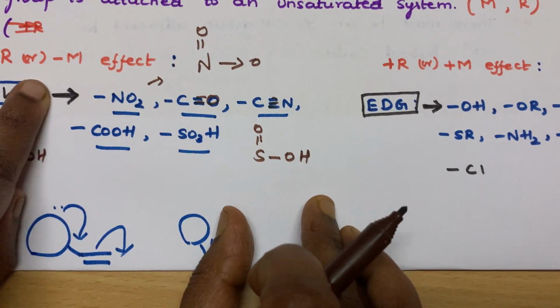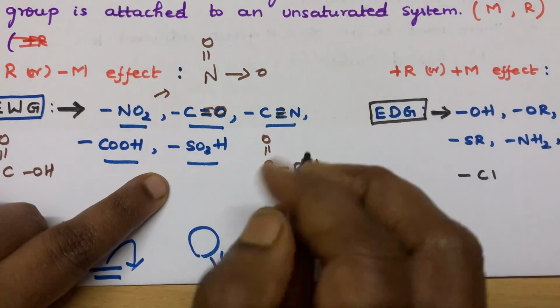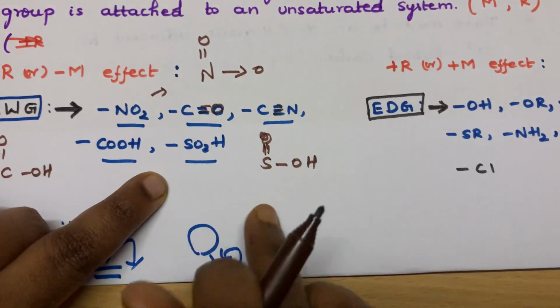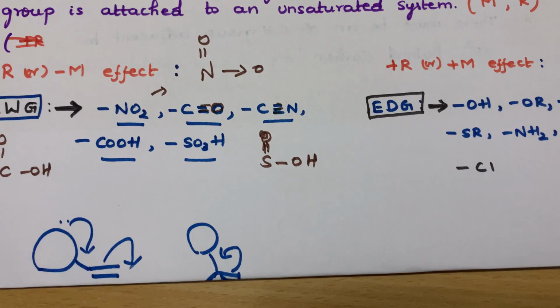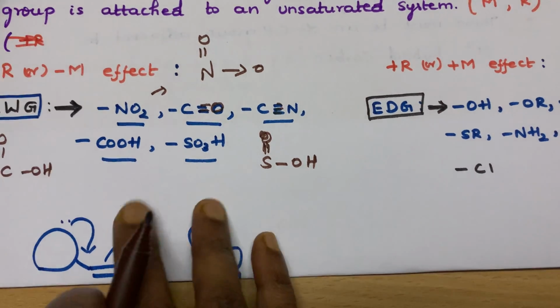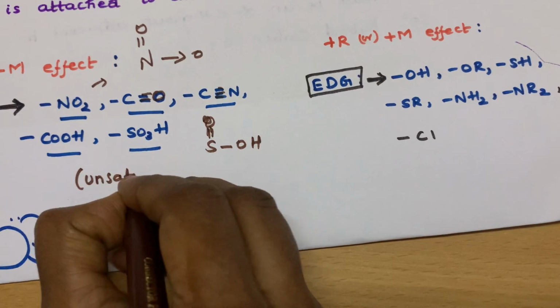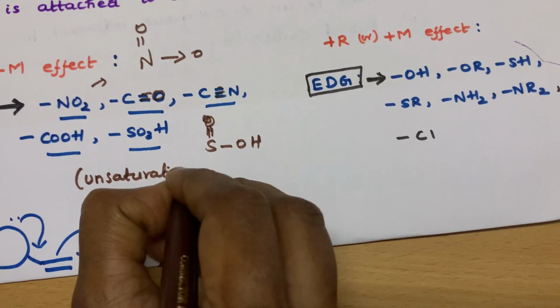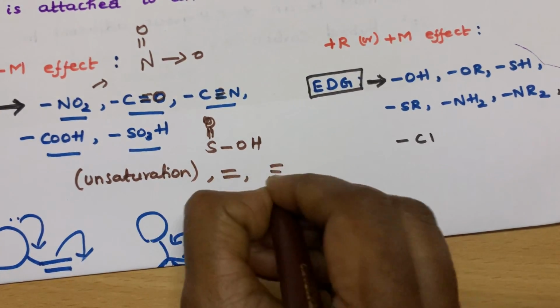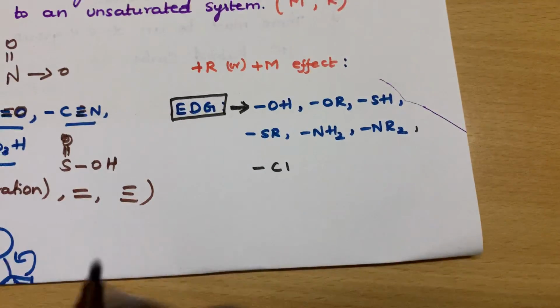Minus R effect will be given by the groups which have unsaturation, whether it is a triple bond or a double bond. So this is the clue: unsaturation. That is the clue.